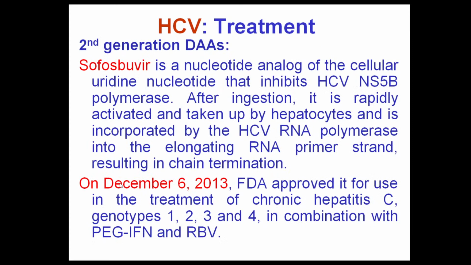And then the second generation is sofosbuvir, a nucleotide analog of the cellular uridine nucleotide that inhibits the polymerase that makes RNA copies for newly synthesized viruses. And we believe that polymerase inhibitors can be very effective in combination with pegylated interferon and ribavirin.